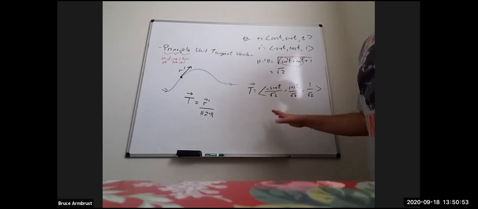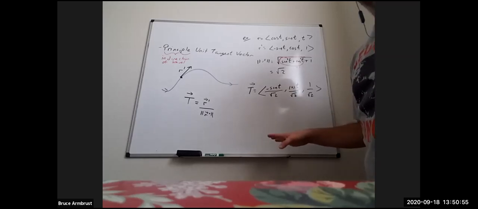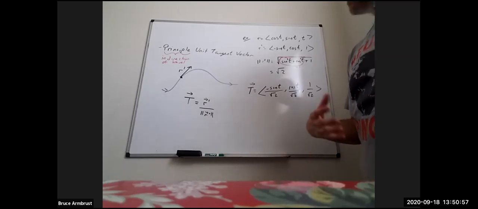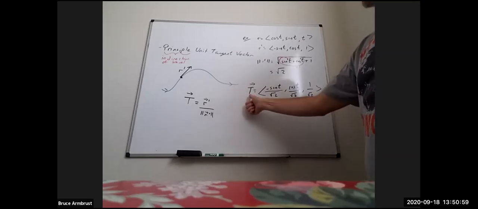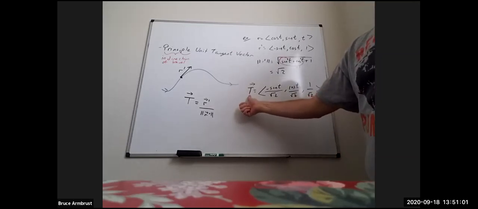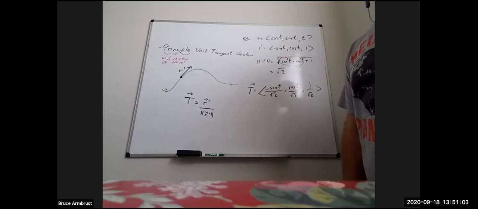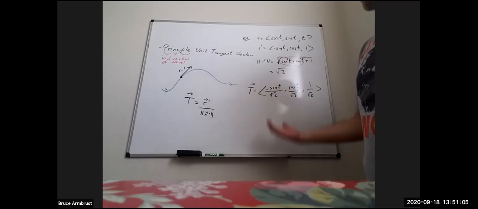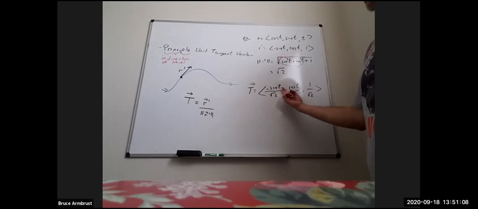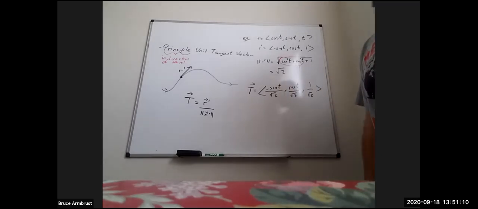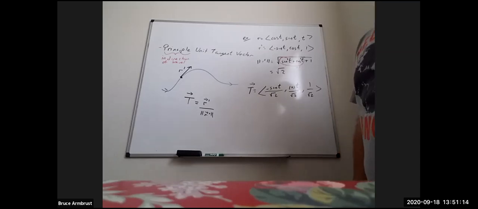All right, so any other questions on this example? So just notice that this is a function of t. This is a vector valued function as well, right? It is a vector that's determined by some t value that we plug in. So big T, the unit tangent vector, is itself a vector valued function.